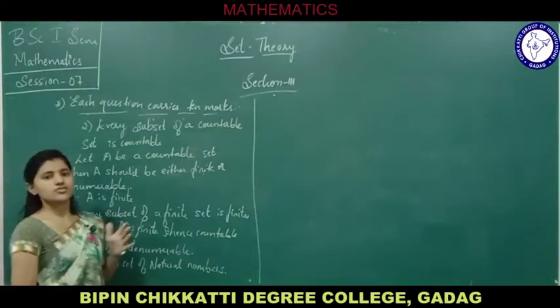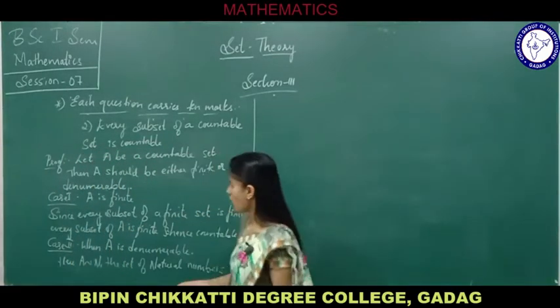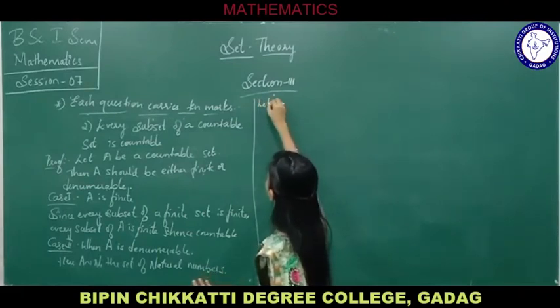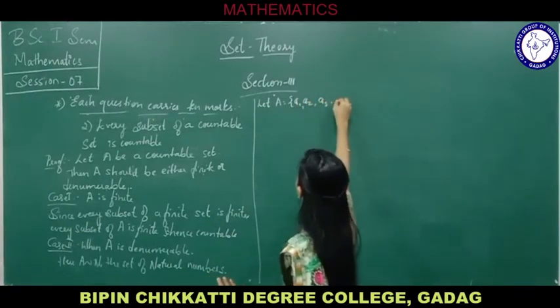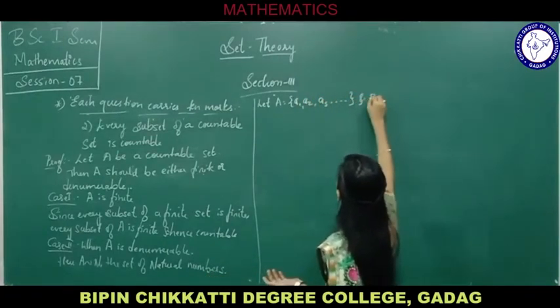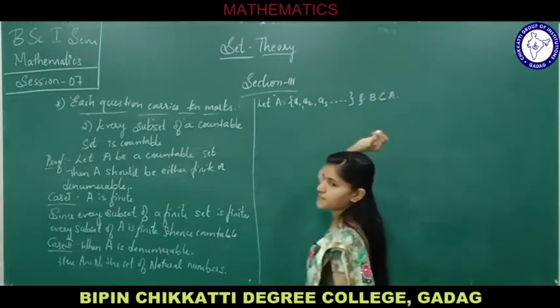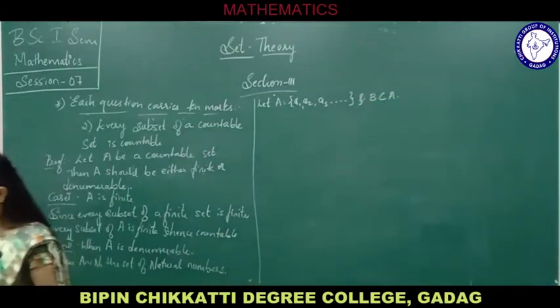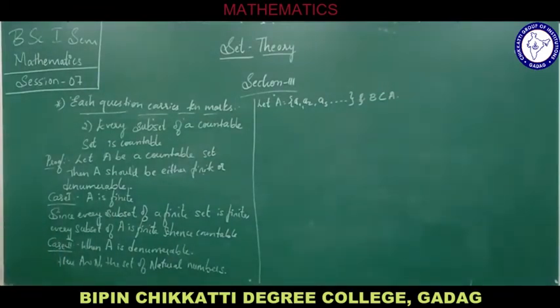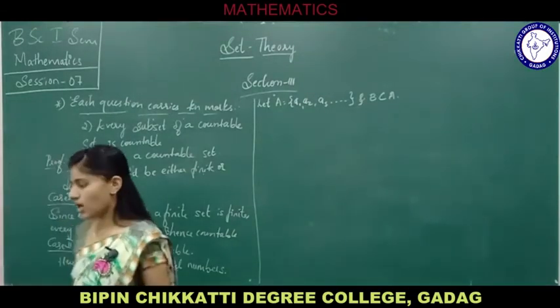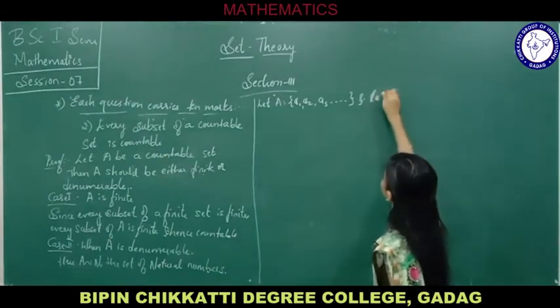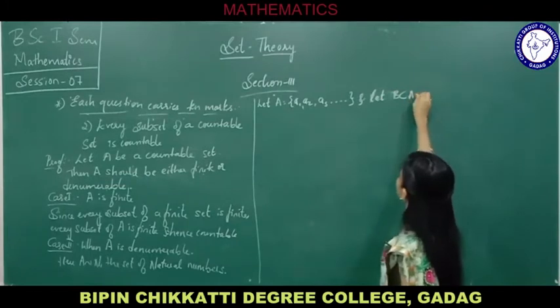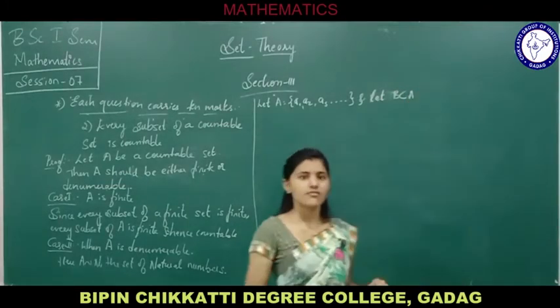Let A be equal to {A1, A2, A3, and so on}, and let B be a subset of A. Now again we have two cases.